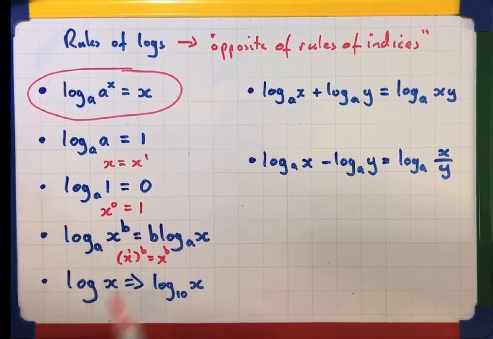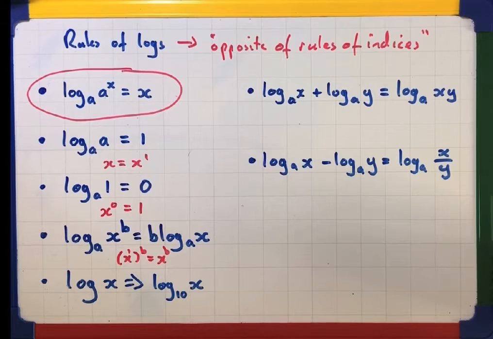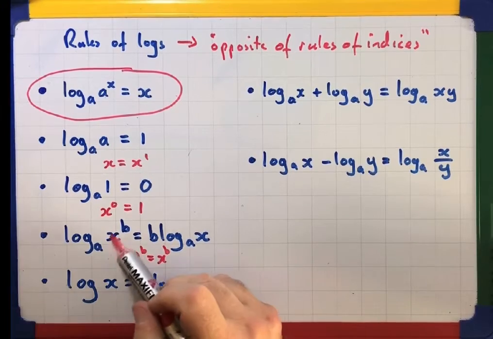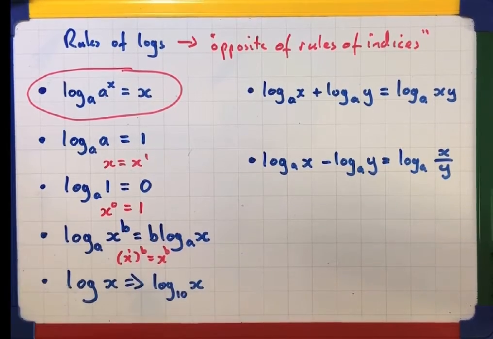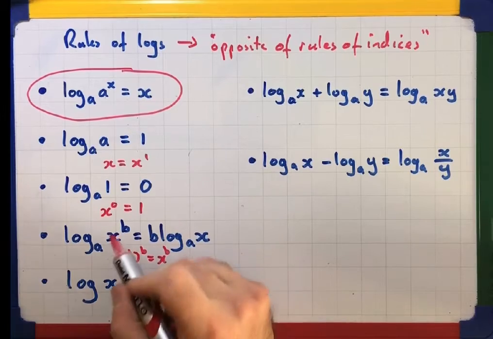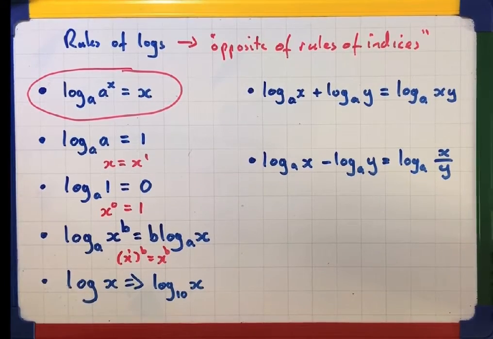So it's b times the log of a to the power x. Whereas when you're raising to a power you are multiplying with indices, here, when it is raised to a power, you are multiplying the log. So that becomes that one.